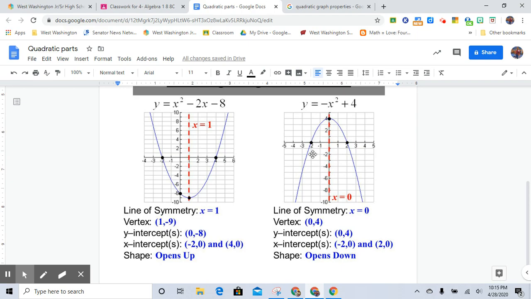The vertex is 0, 4. The y-intercept is also at 0, 4. That's just a lucky happenstance, isn't it? The x-intercepts are here and there. And this is a negative parabola. You can tell because the lead coefficient, that first x squared term, is negative, and so that will open downward. All right, so that's pretty much all I have here.